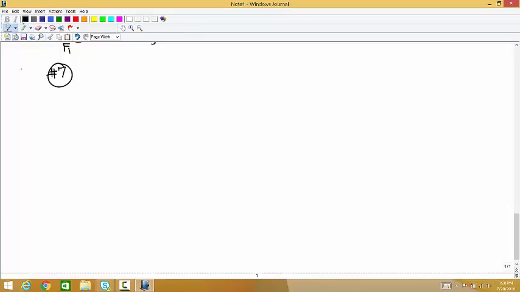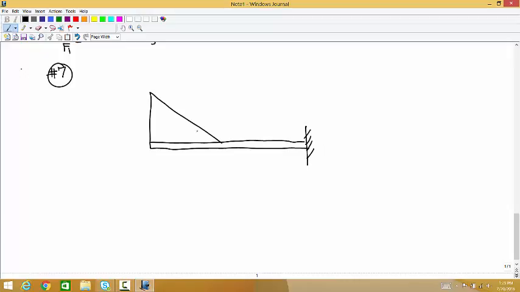it's a cantilever beam on this side. That's the good side. And then a triangular load like this, 15,000 newtons per meter, and a torque at the middle of 1,500.